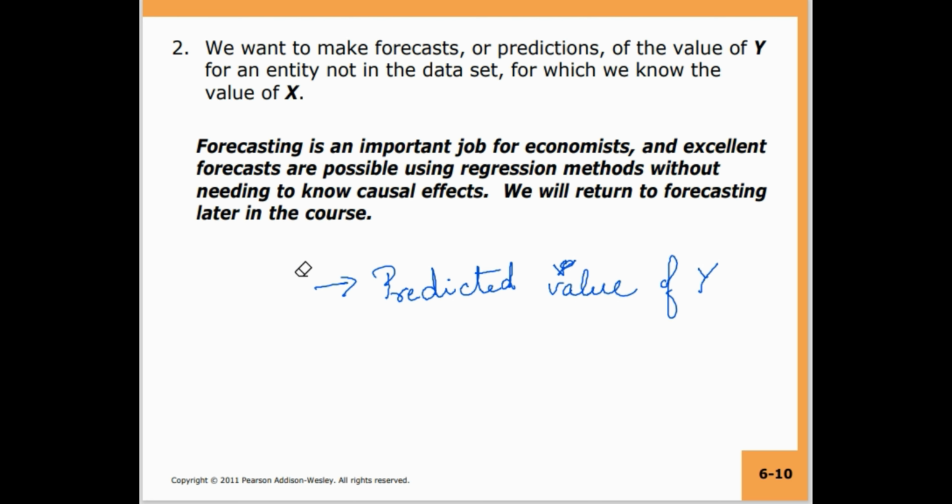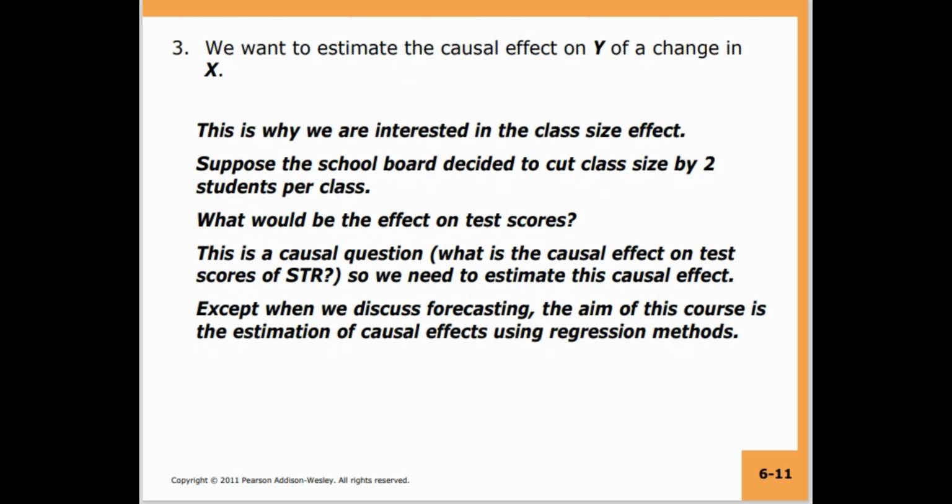You are not doing research into the causal effects. You are interested in just predicting, because you want to know whether you want to invest in that stock or not. This is typically the use when you use time series data: many times you want to forecast or predict some variable in the future.